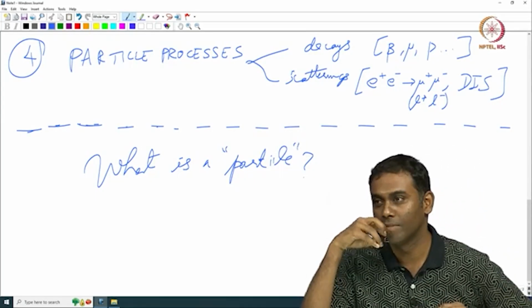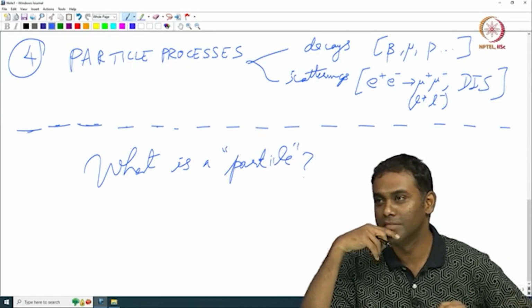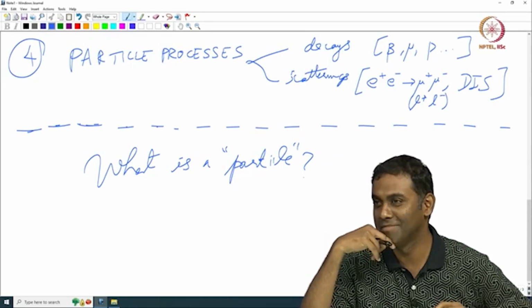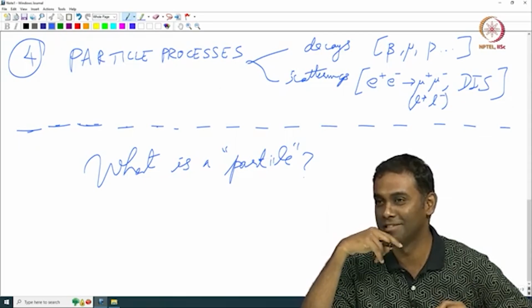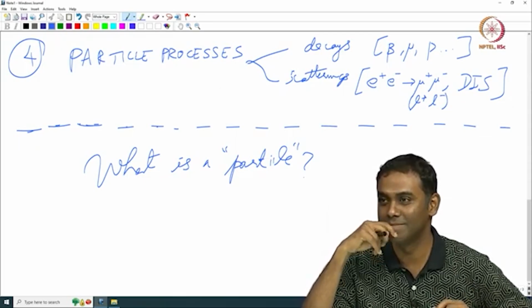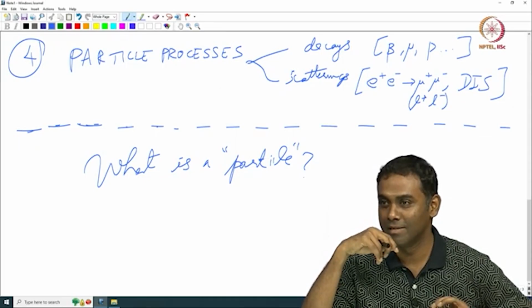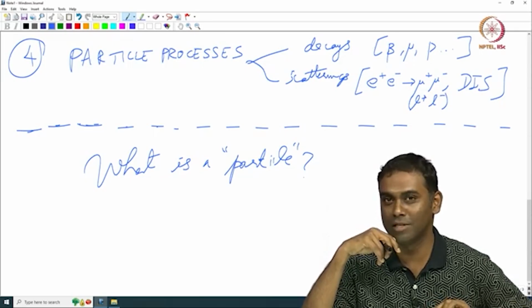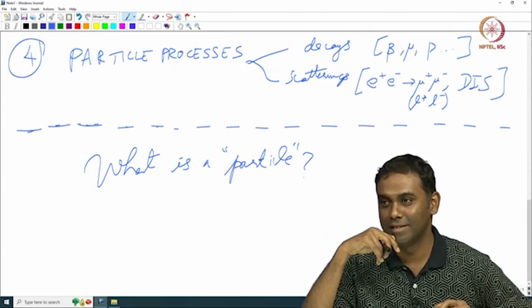Okay, any guesses? No wrong answers actually. It has mass and is a form of energy. Okay, it has mass. Does it have to have a mass? Is a photon not a particle? Form of energy, okay.